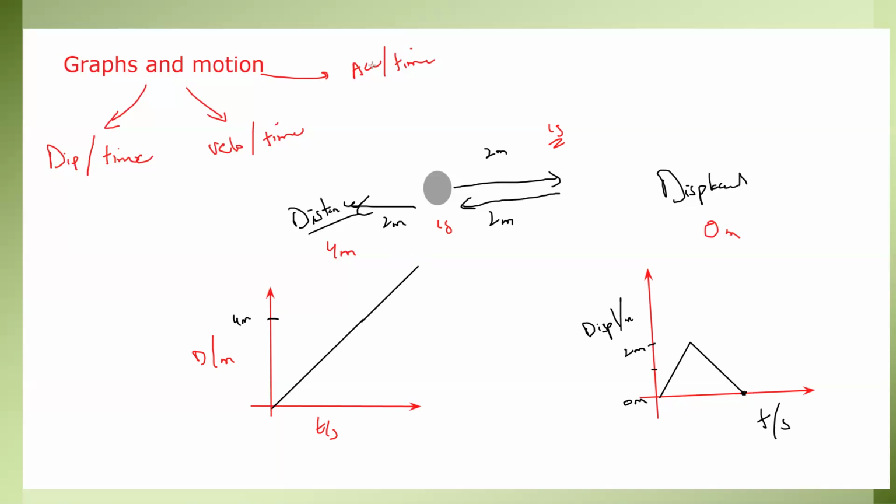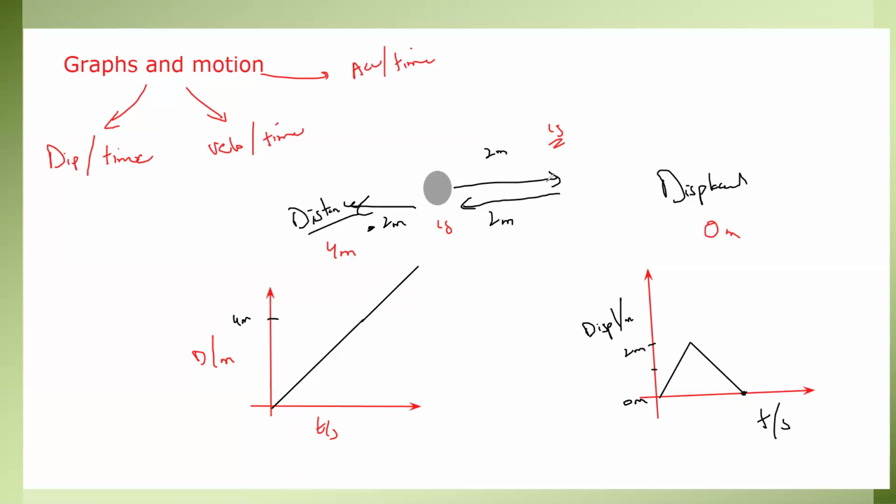But what about the displacement-time graph? Because it is on the opposite side of the starting position, this displacement will be considered negative. So how do we represent a negative displacement? In a displacement-time graph, we will use both parts of the graph, the positive y-axis and the negative y-axis.